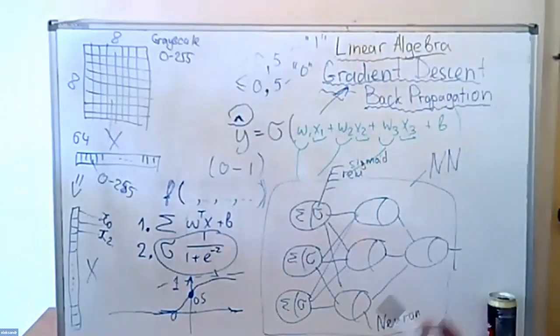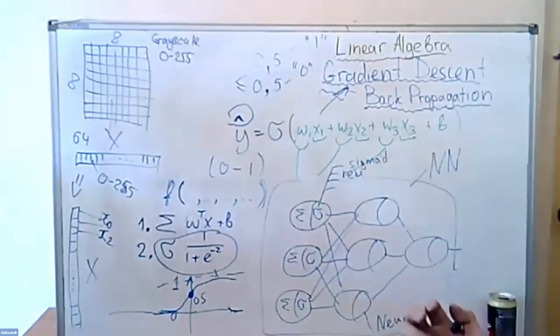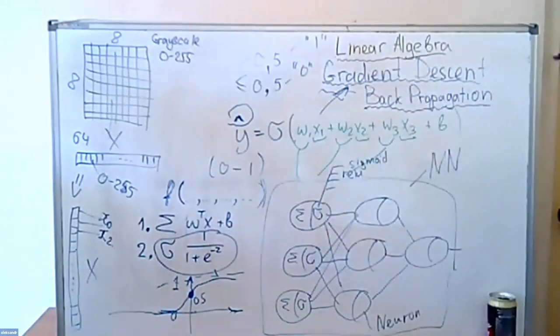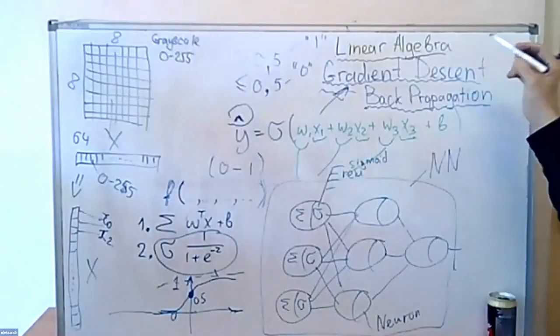This topic studies how we deal with vectors, matrices, and tensors, and how we multiply them, how we do basic arithmetic things on vectors, matrices, and tensors.